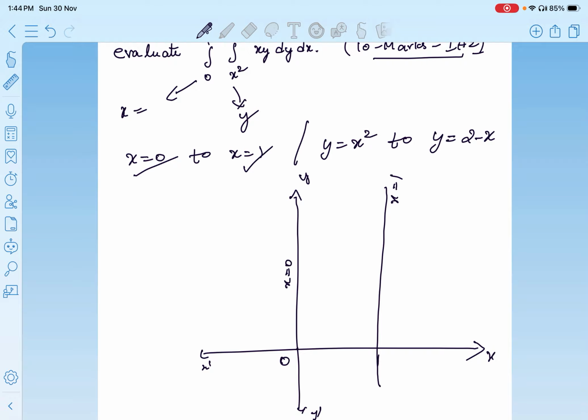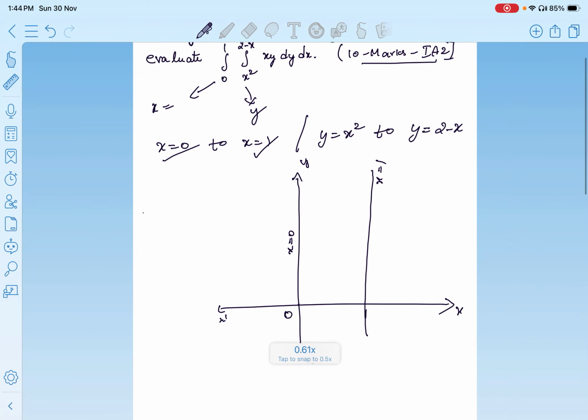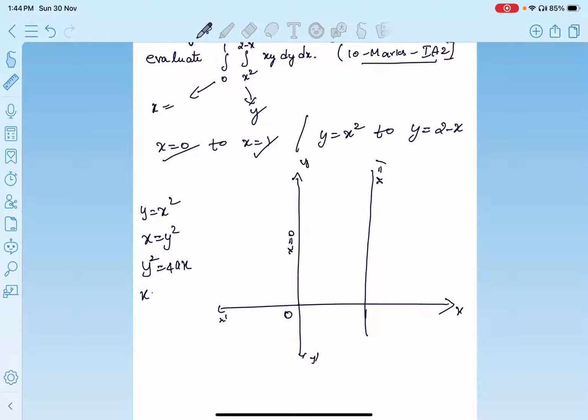Now going to the next, y equal to x square. What is y equal to x square? y equal to x square, x equal to y square, y square equal to 4ax, x square equal to 4ay. All these equations represent the parabola.